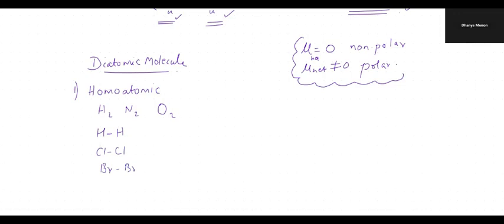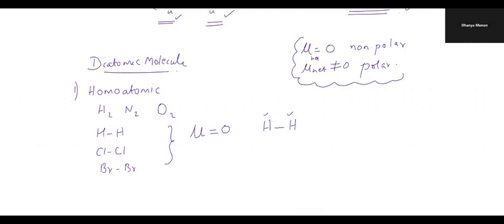Now here, straight away we can write for them the electronegativity difference. Because it's the same atom, there is no electronegativity difference, and the dipole moment is equal to 0. Because both the atoms are the same, we can directly write that the dipole moment is 0.